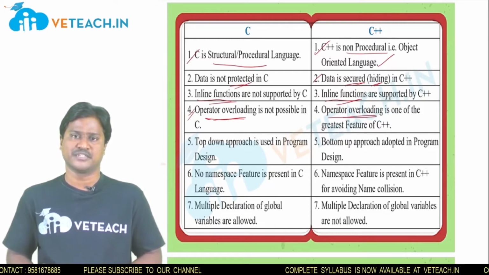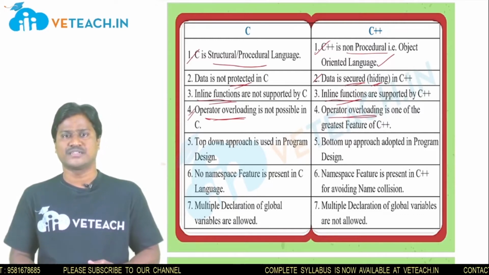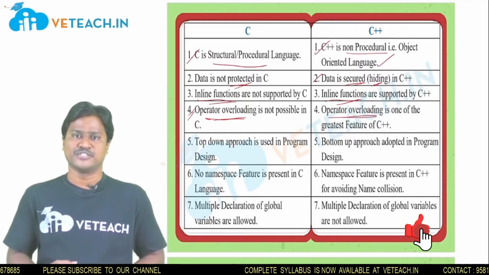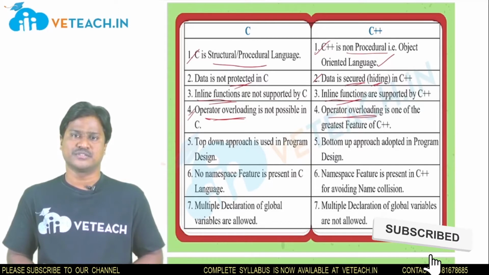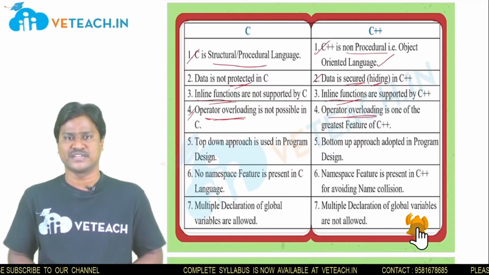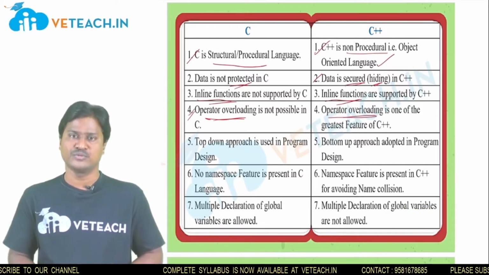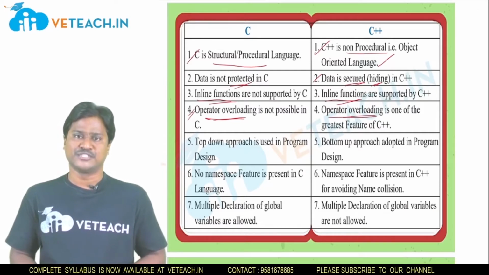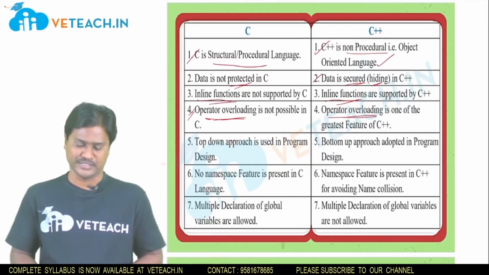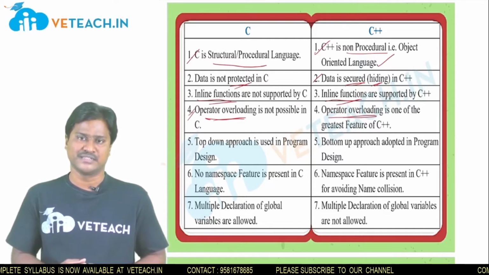The compiler knows how to perform operations on basic data types, but it doesn't know how to perform operations on objects of classes. So operator overloading in C++ allows us to apply operations on objects of the classes. That is one of the greatest features added in C++.